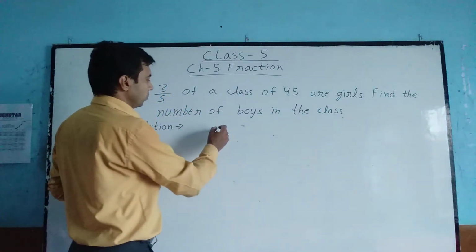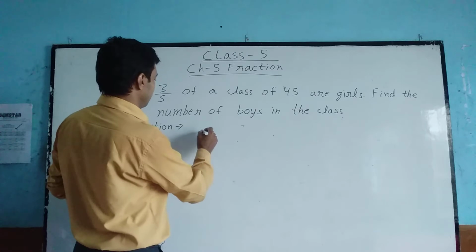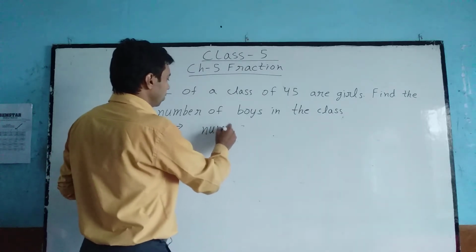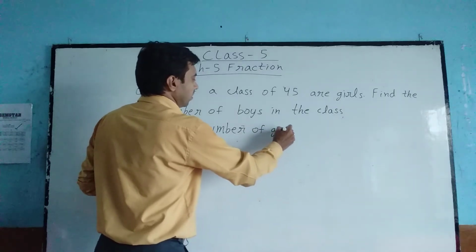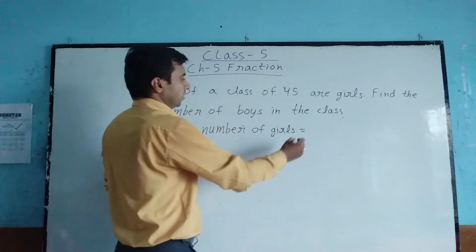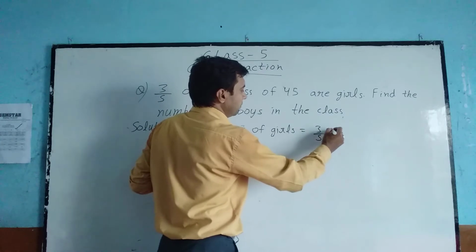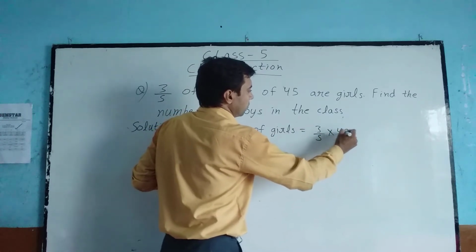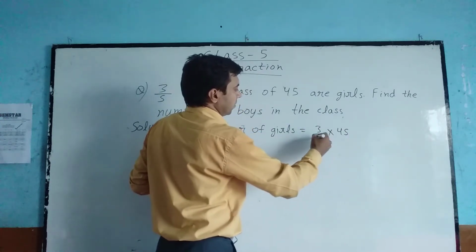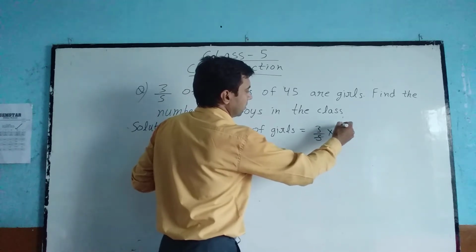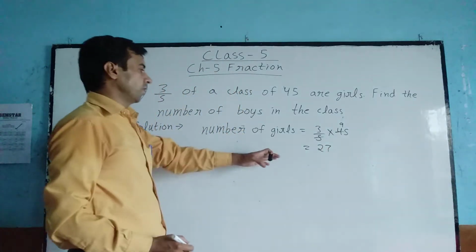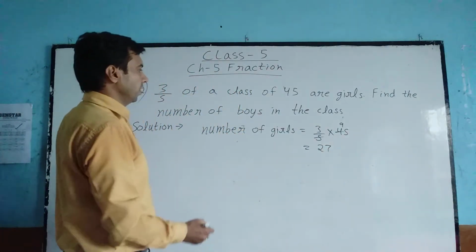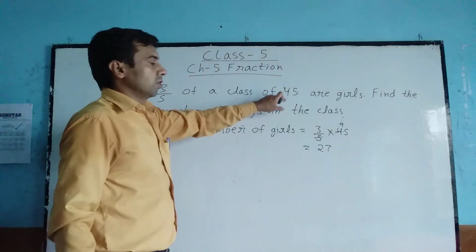So what we do? Number of girls is equal to 3 by 5 into 45. Now reduce it, 5 9 45, 3 9 27. So number of girls 27. Total strength is 45.